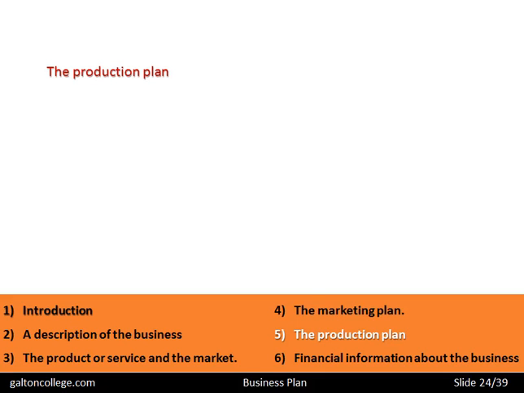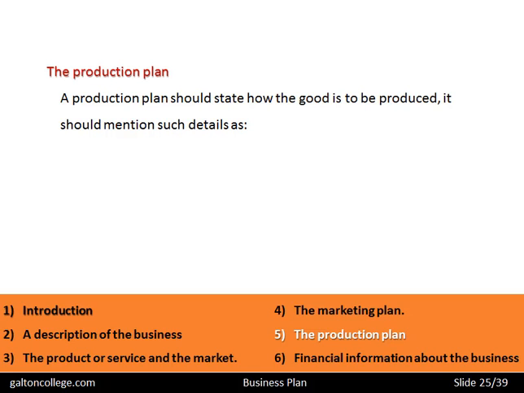Next, the production plan. Now, very similar to the marketing plan, the production plan is a separate document, or it could be seen as a separate document, but really it's a subset. It's a part of the business plan, the same as the marketing plan is part of the business plan. A production plan should state how the good is to be produced and should mention such details as where the production will take place.